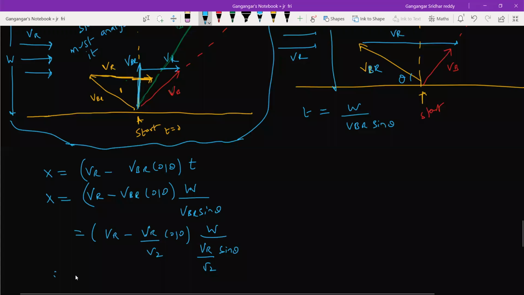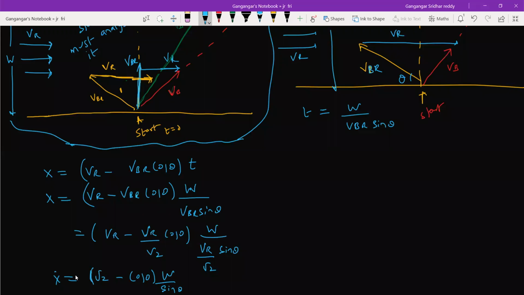Here VR will get cancelled out, and root 2 will get cancelled. So x equals root 2 minus cos theta, times W by sin theta. Check it once. Yes, sir, this will be our equation.